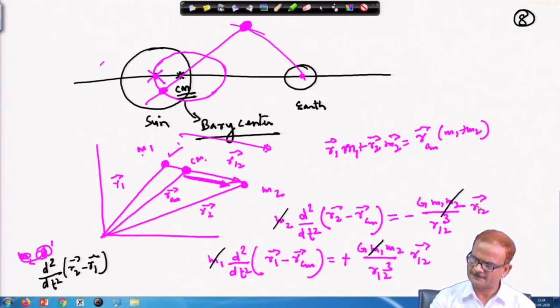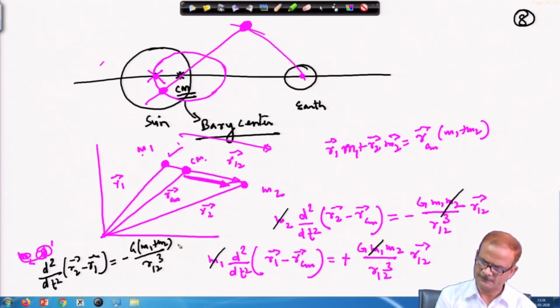On the right hand side, they add up, and you get minus G times M1 plus M2 divided by R12 whole cube, times R12. So we recover the same equation.